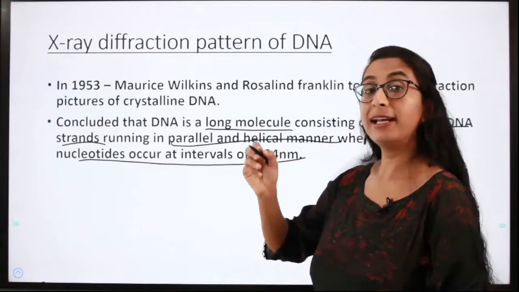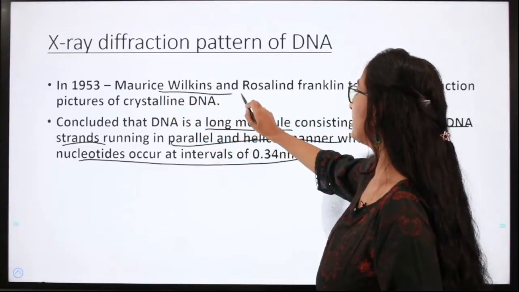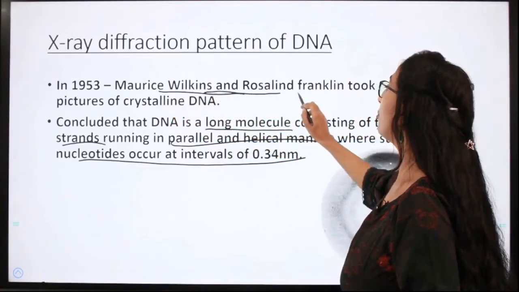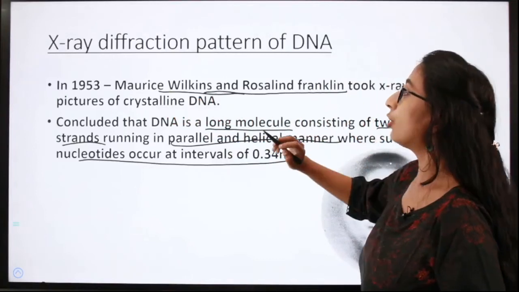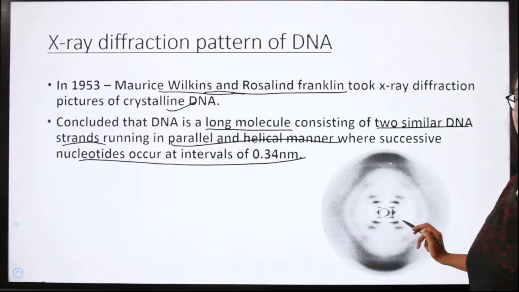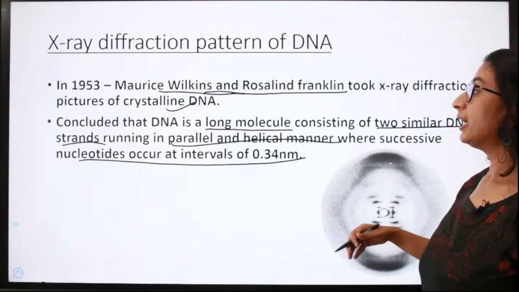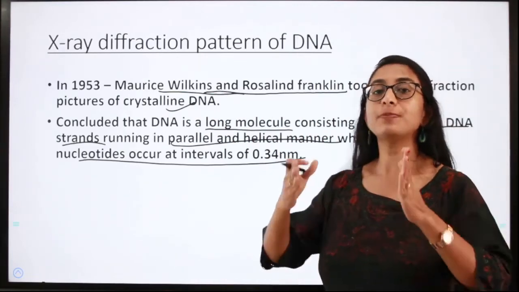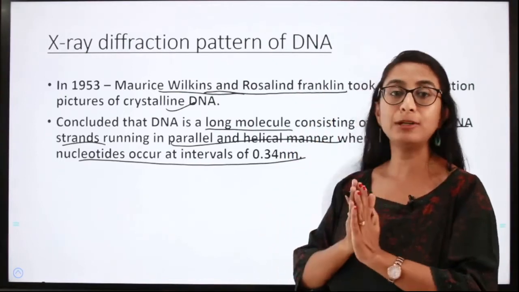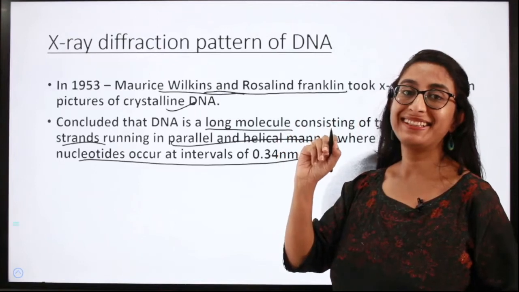So then it is not just Watson and Crick, even Maurice Wilkins and Rosalind Franklin, based on the pictures of the crystalline DNA, which is the picture they saw, also concluded that DNA is made up of two strands which are parallel to each other. So that also can be an option, isn't it?